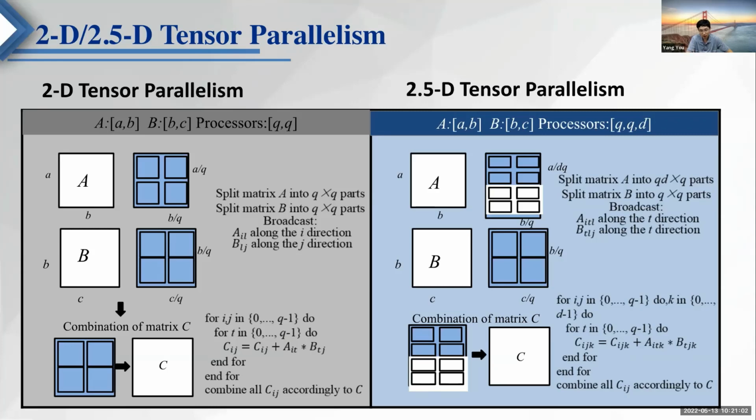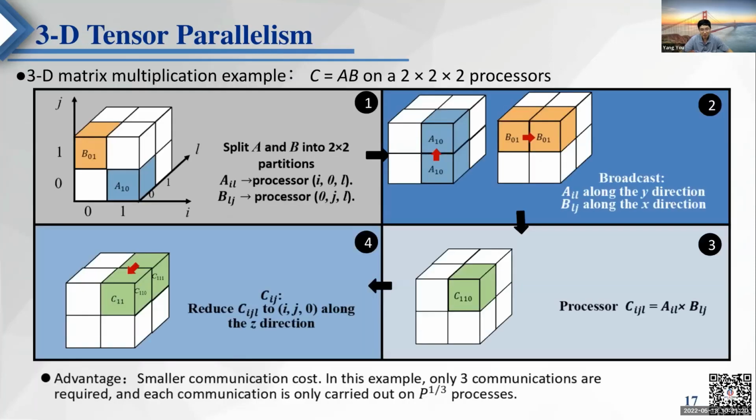Here, 10,000 means 100 by 100. So with the 2D approach, each machine only needs to communicate with 99 machines, which means we hope we can reduce the communication overhead significantly.